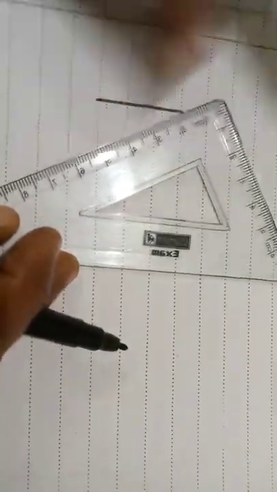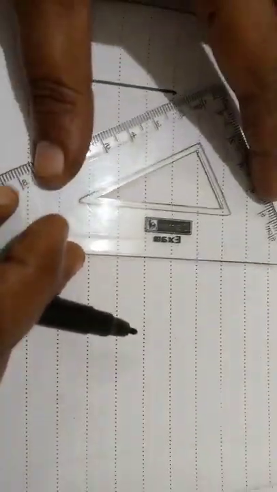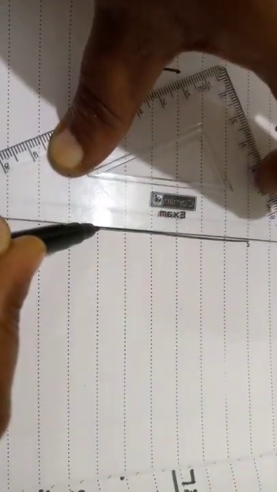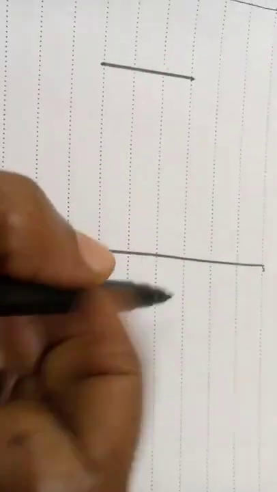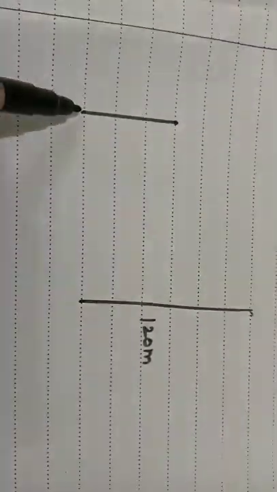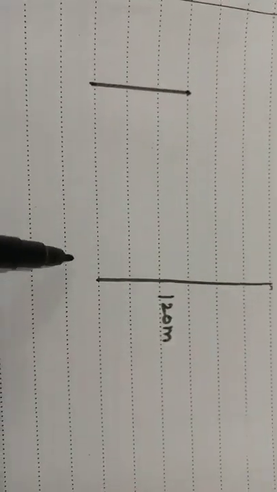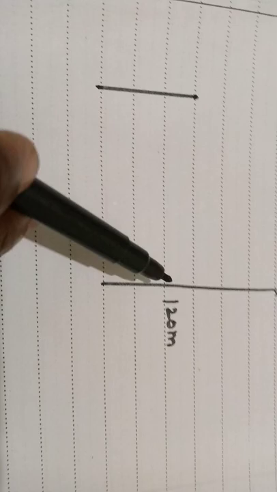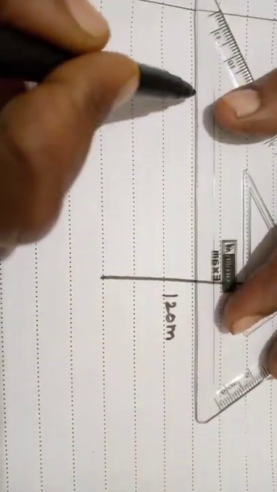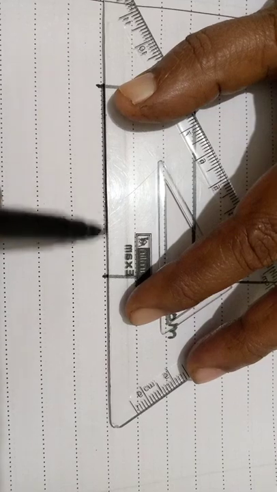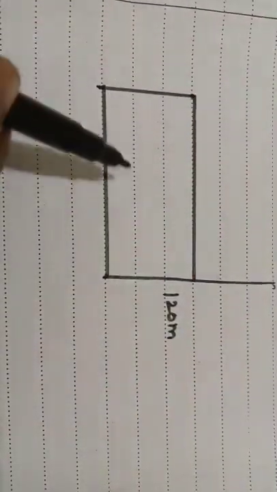The height of the second building is given, 120 meters. So this is the first building, this is the second building. This horizontal level, let us join. This is the ground level. Join both.